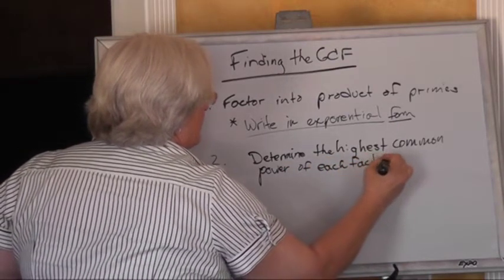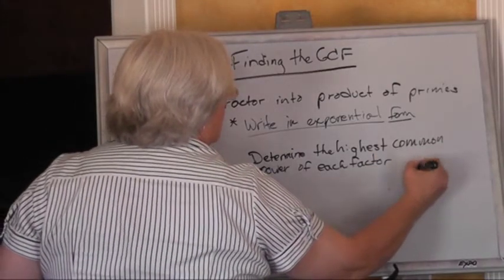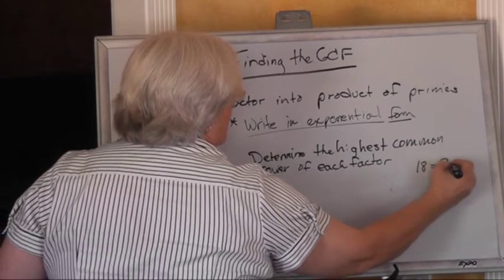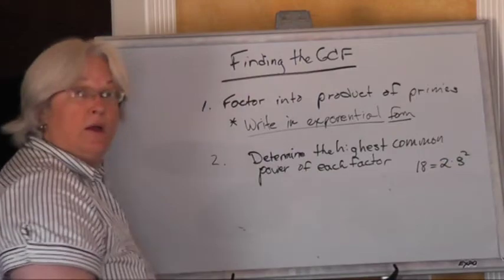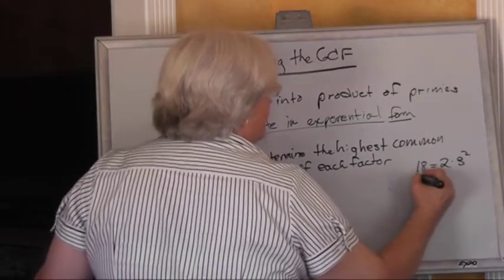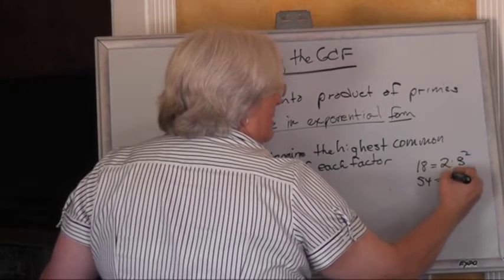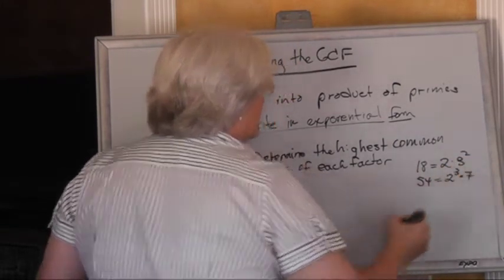Now, with that example that I just showed you, we had that 18 was equal to 2 times 3 squared, and we had 56 was equal to 2 cubed times 7.